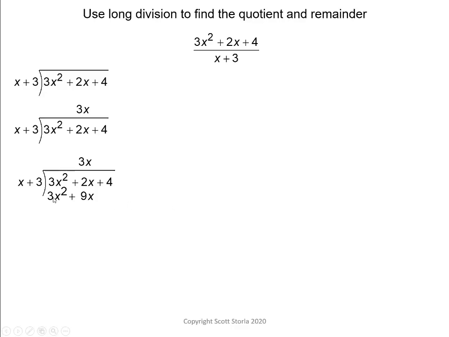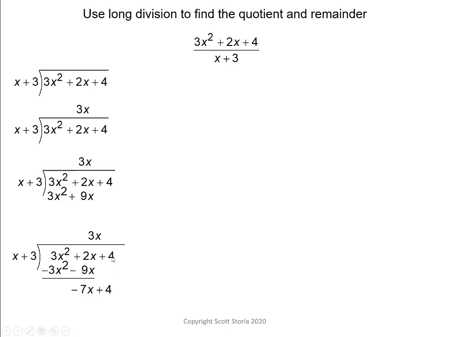Now I subtract the new sum from my original sum. So this is going to become a subtraction and a subtraction. And now I carry it out. When I subtract here, I'll get 0. And when I subtract here, I'll get negative 7x.